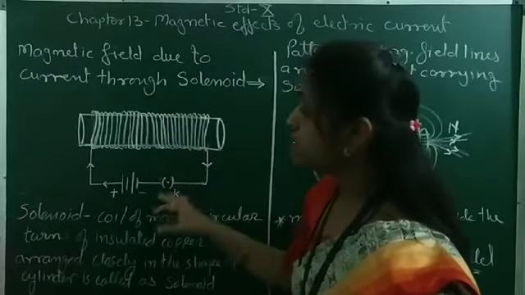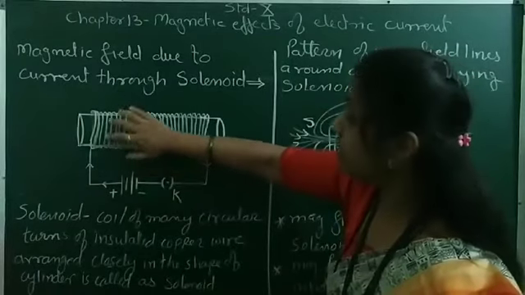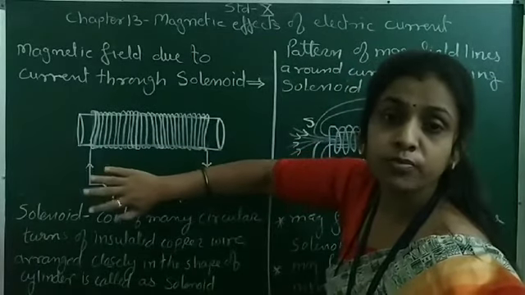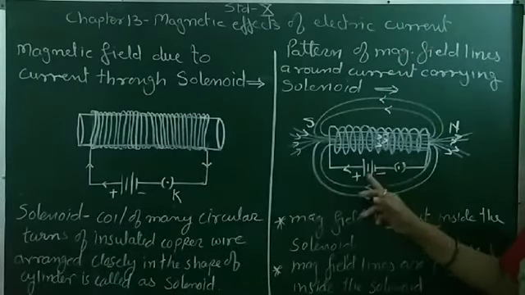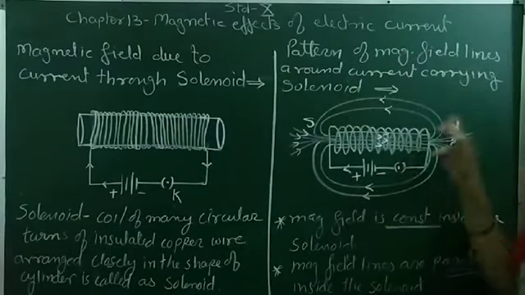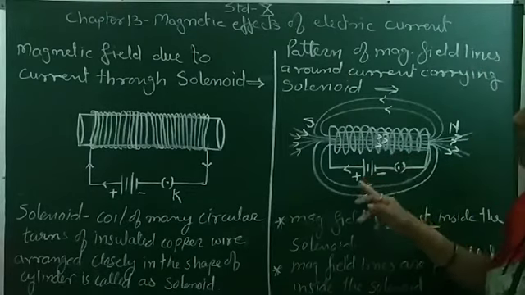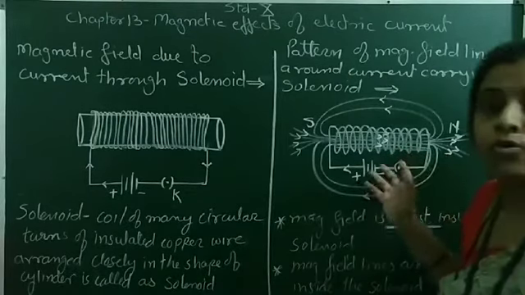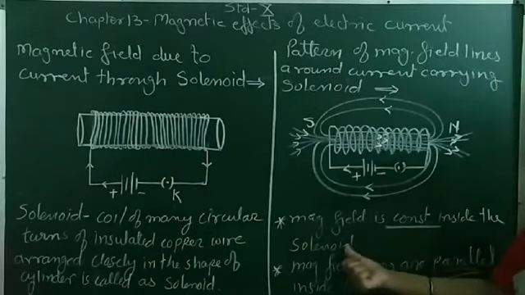If the battery is not there, then the solenoid does not produce a magnetic field. So it is necessary that the solenoid should be current carrying. Whenever the solenoid is current carrying, then it produces the magnetic field, and the magnetic field is constant inside the solenoid.